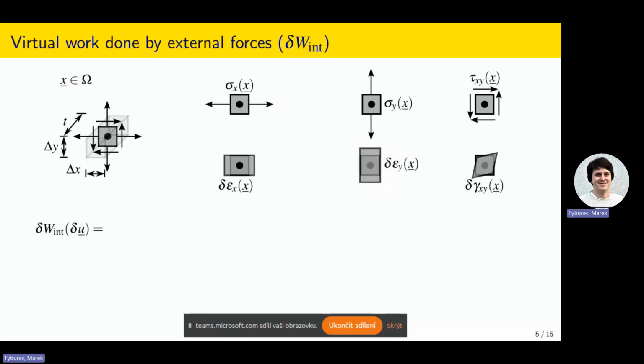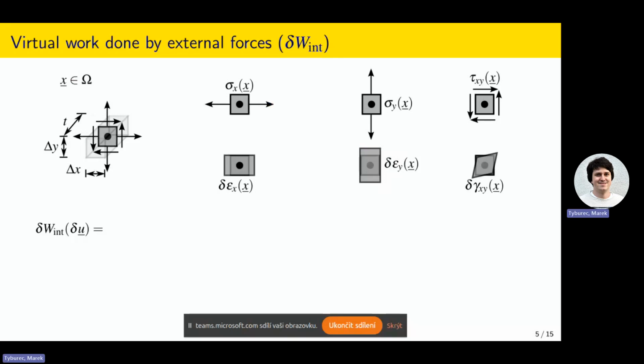So I will remove this. Now we can again proceed, intuitively looking at the figures that we have here, and write down an expression similar to the one we had before, but now for the internal forces.